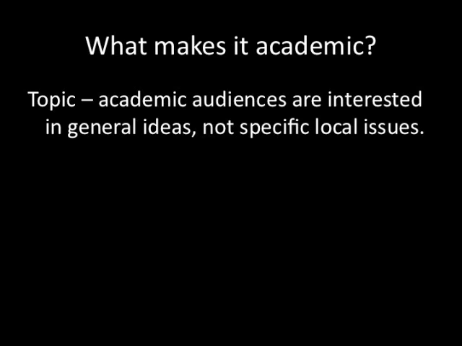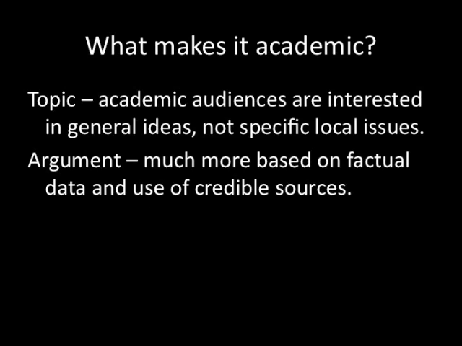The other thing that's important about academic audiences is the way they are convinced. And we've talked about the different kinds of argument that you can use. We talked about ethos, pathos, and logos a little bit, the idea of arguing from authority or arguing from emotion or arguing from logic and fact and statistic. And in public arguments, you can use some combination of those different elements.